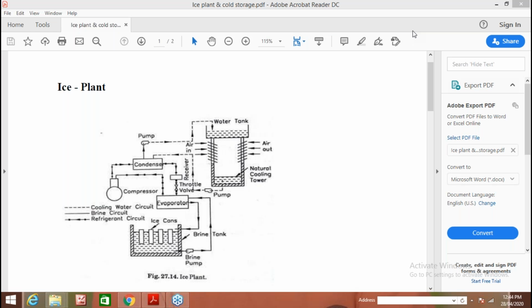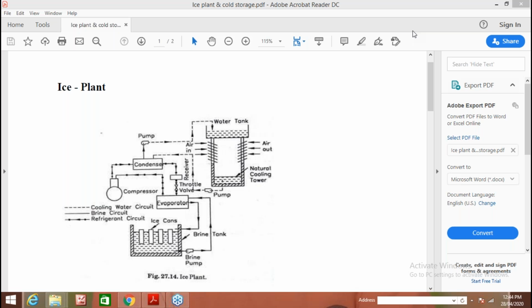Okay, so ammonia is used as refrigerant here instead of F12. Why? Because ammonia has excellent thermal properties, as well as ammonia is cheaper than F12. What is the impact of cost?